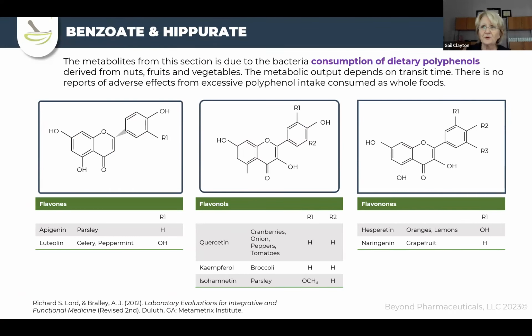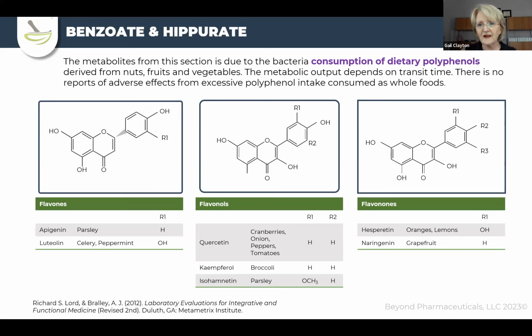Now, benzoate and hippurate are from dietary consumption of dietary phenols. And if you watch my other two lectures, especially the one on glutathione and antioxidants, I talk about the polyphenols as being a huge part of our gut. We don't really absorb them very well, but the bacteria feed on them and they make lots of nutrients for us.